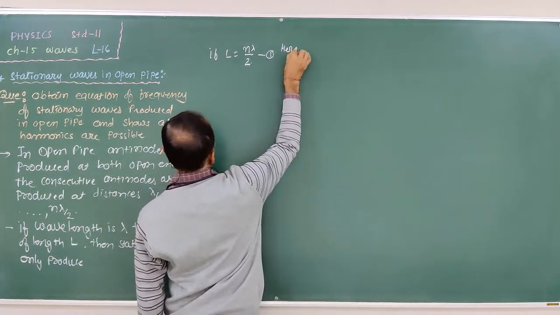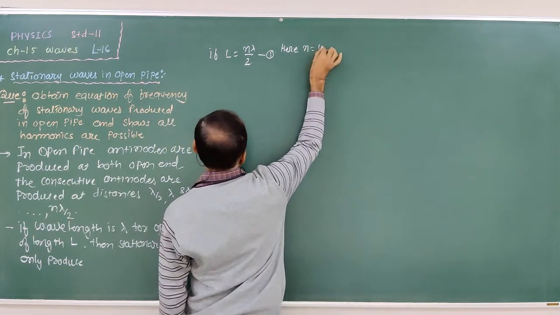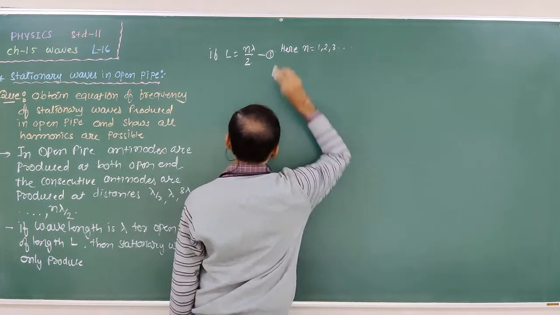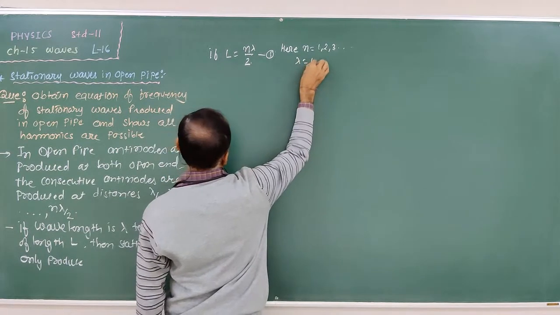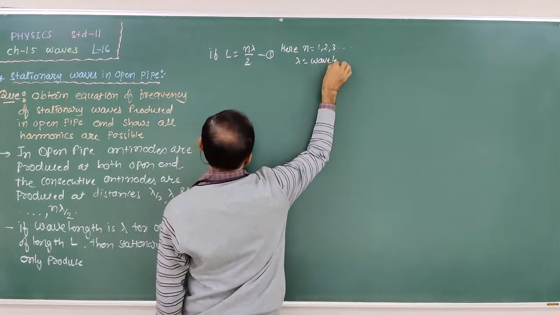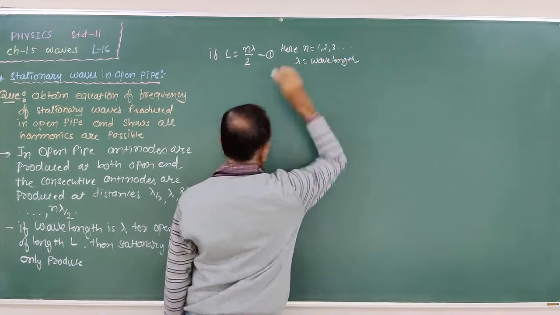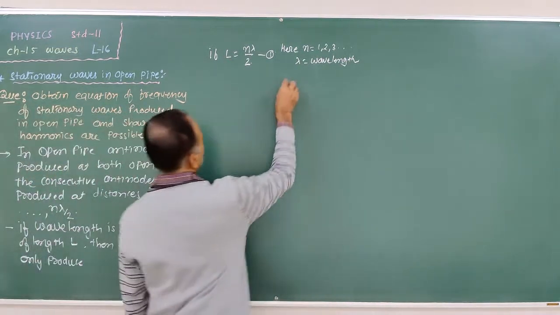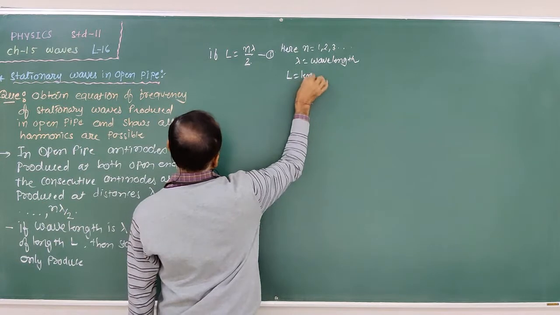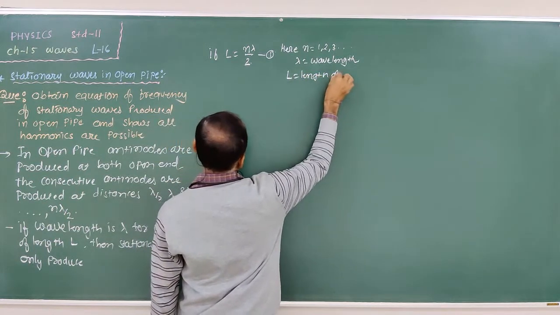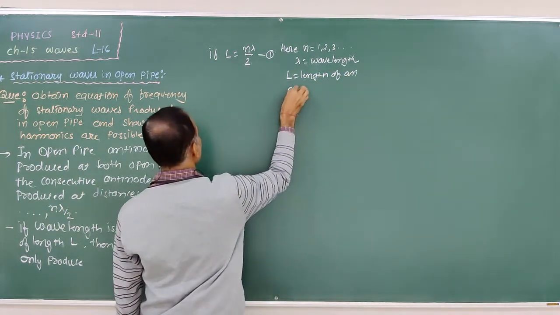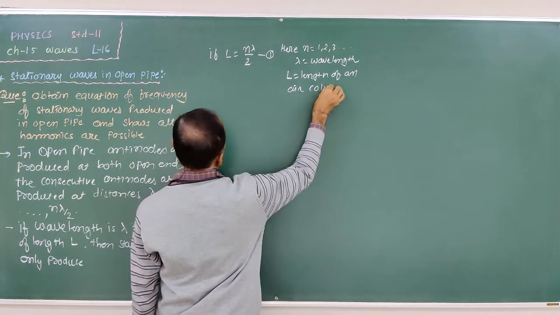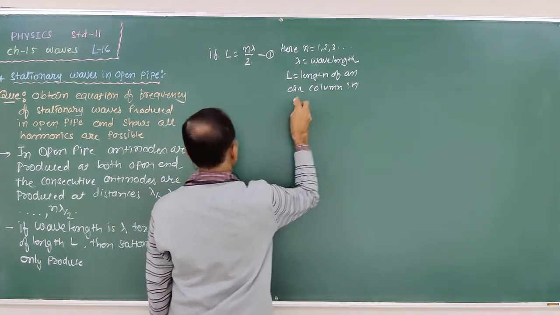Here n is equal to 1, 2, 3, and so on. Lambda is the wavelength and L is the length of the air column in the open pipe.